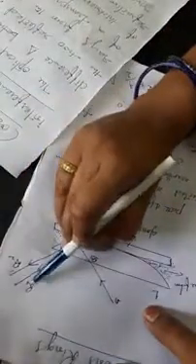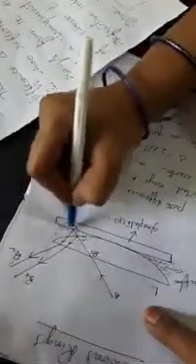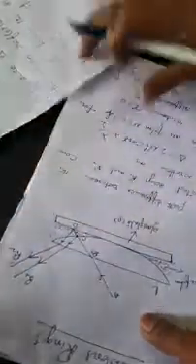And according to the cosine law of interference, when light rays are reflected from the surface of a transparent film of thickness t, the path difference delta is equal to 2 mu t cos r.